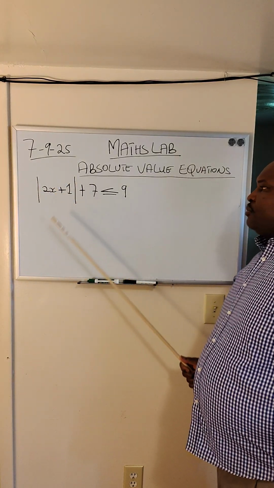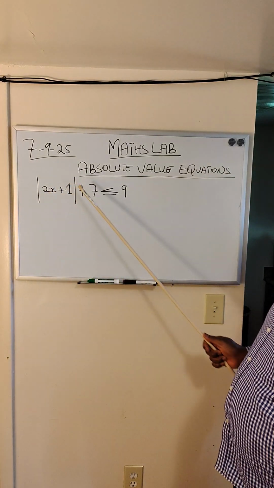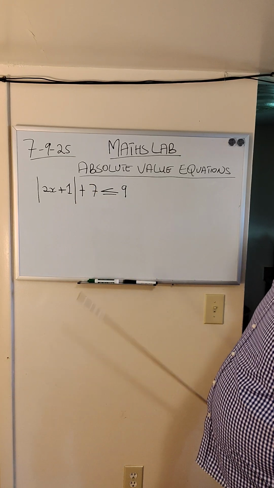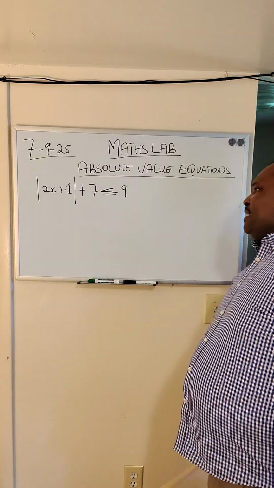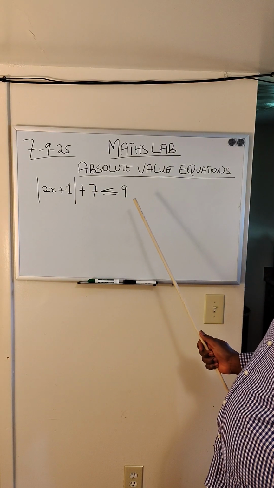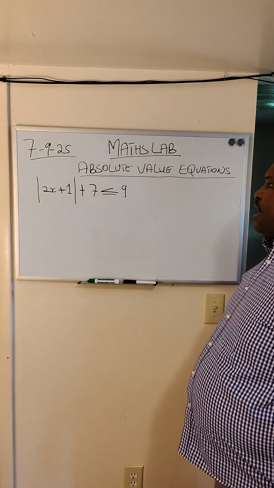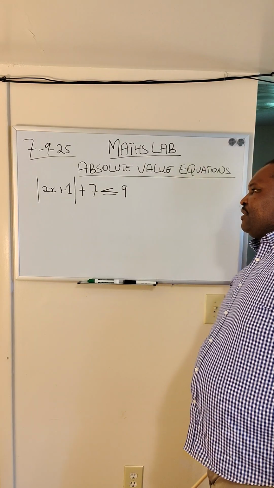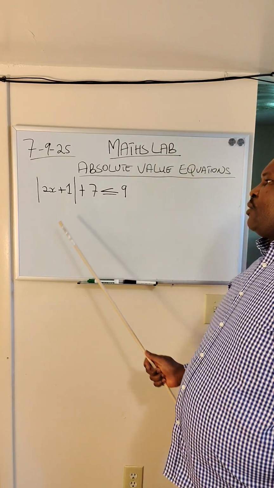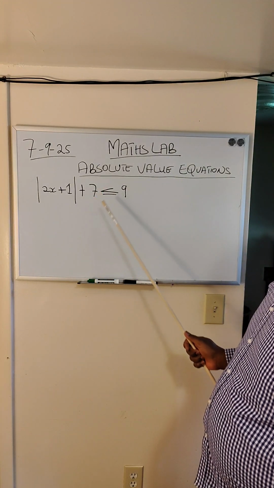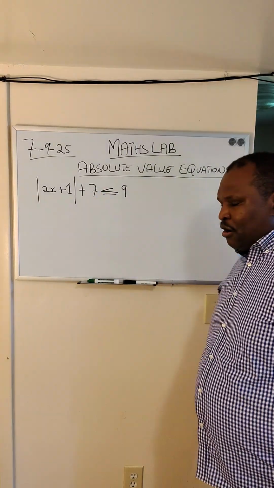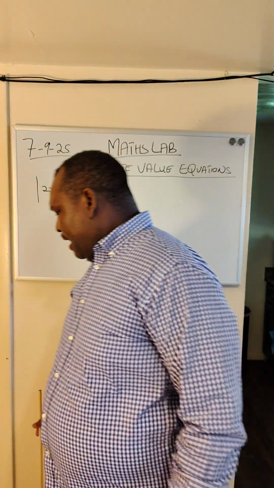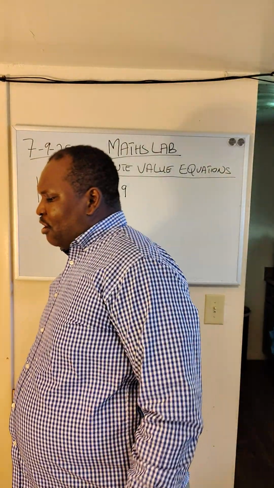For it to be an absolute value, there has to be these two lines in between, and then plus 7 is less than or equal to 9. So let us see how to do that.